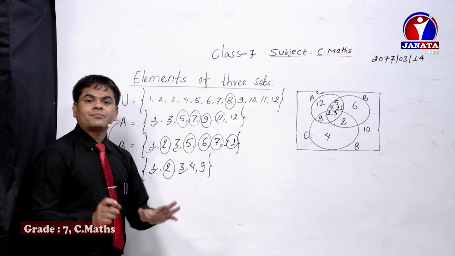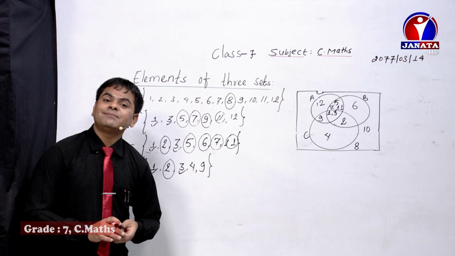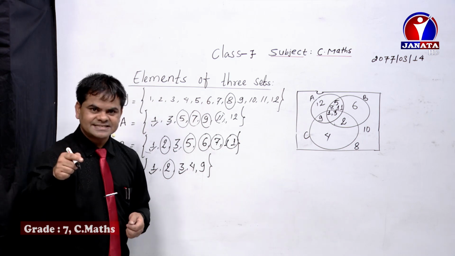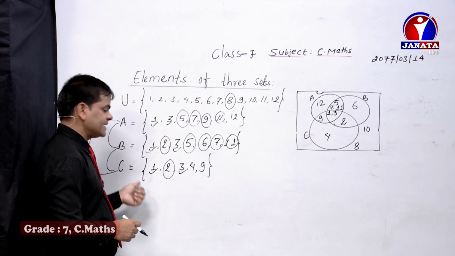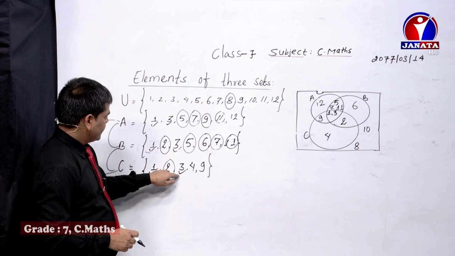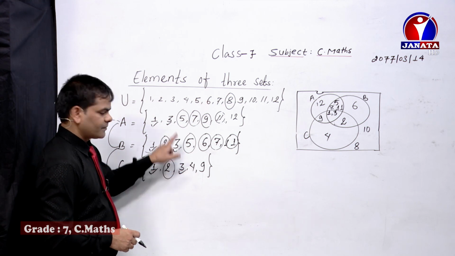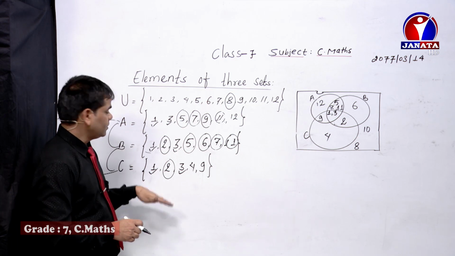Now first of all, the first priority is to be given to the common elements among the 3 sets. Okay, then if you see sets A, B, C, 1 is common, 3 is common, and that's all. Dear friends, other elements are not common among the 3 sets.